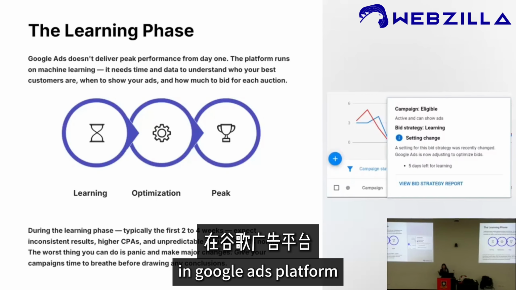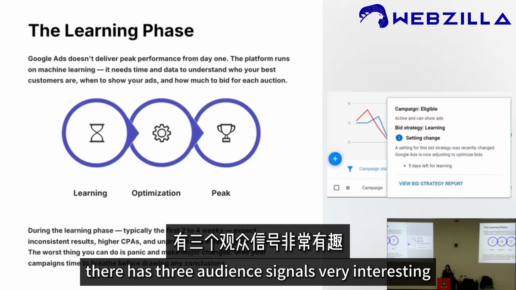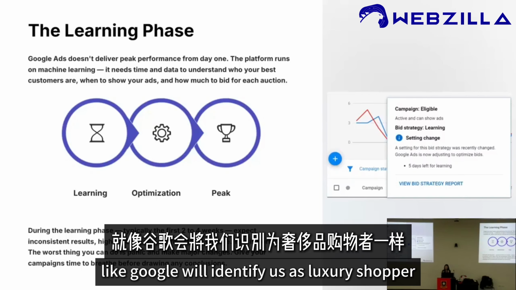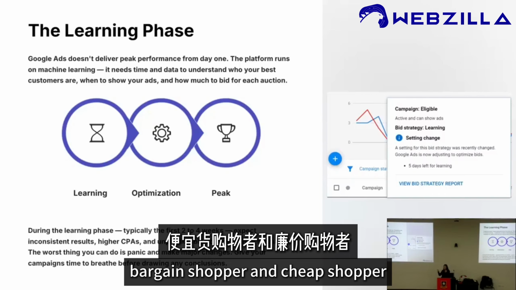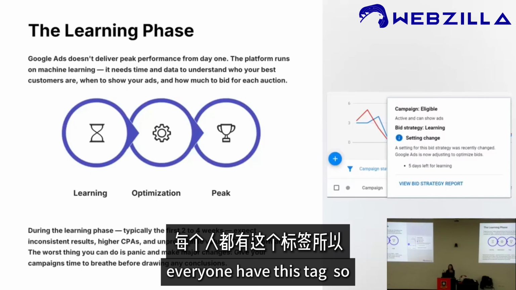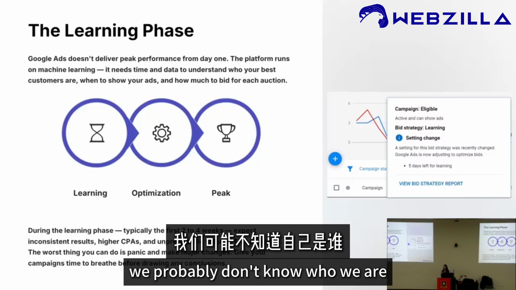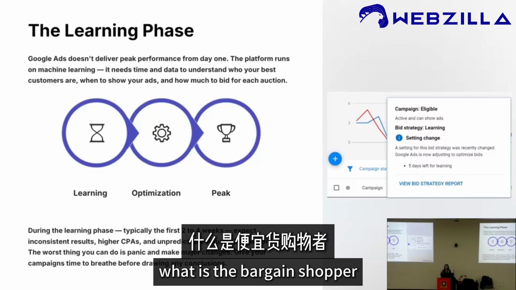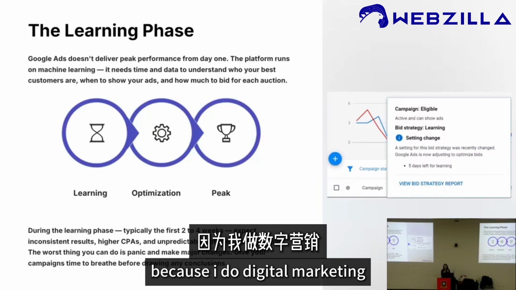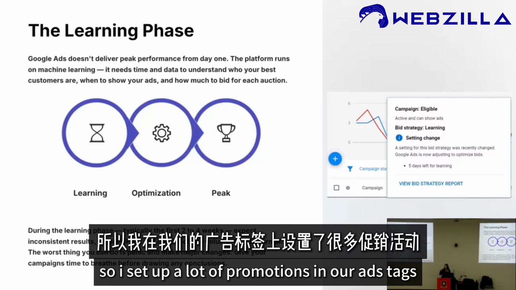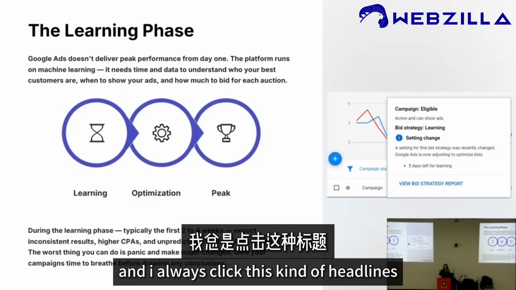In the Google Ads platform, there are 3 audience signals, which is very interesting. Google will identify us as a luxury shopper, bargain shopper, or cheap shopper. Everyone has this tag. We probably don't know who we are, but Google knows. What is a bargain shopper? Because I do digital marketing, I set up a lot of promotions in our ads, and I always click this kind of headline.